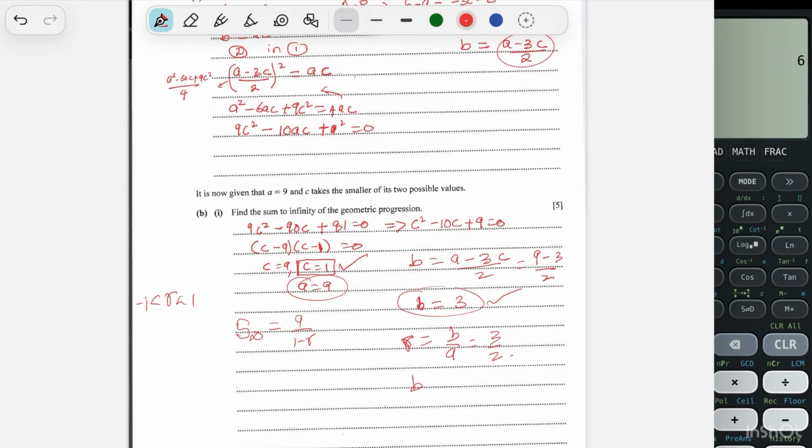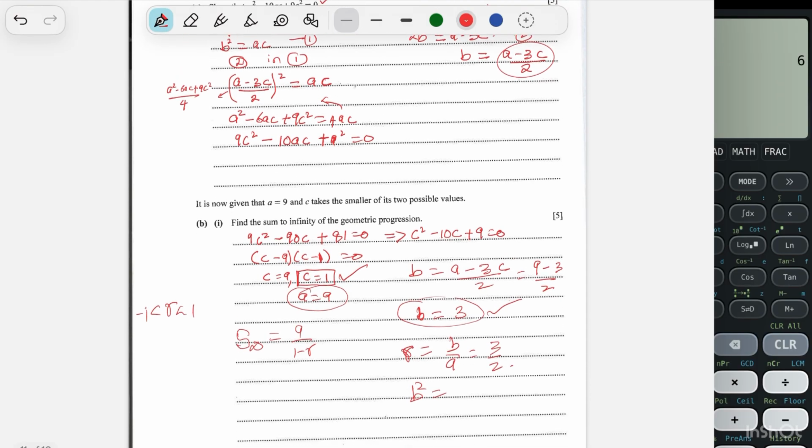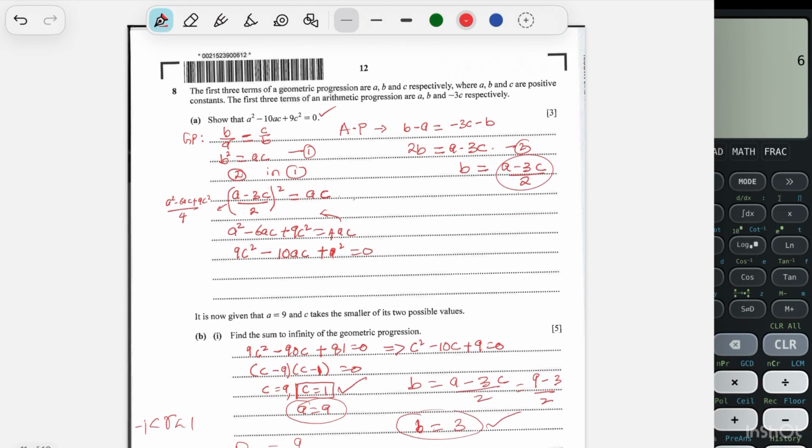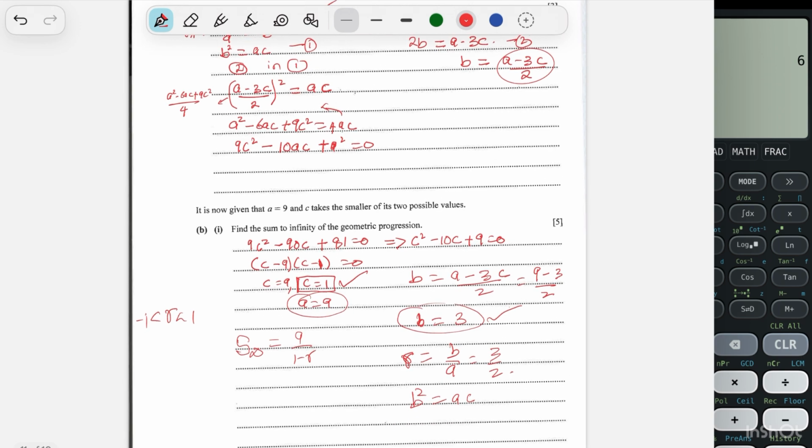Because we know b squared is equal to ac, and a times c will give me 9, so my b will be plus or minus 3.